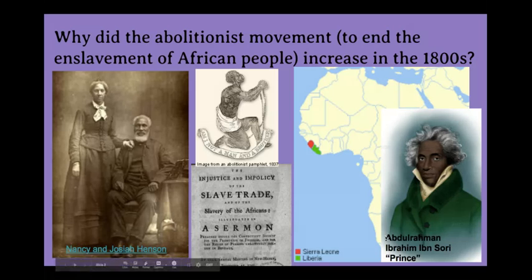This guy first, Abdul Rahman Ibrahim ibn Sori, otherwise known as Prince Sori, was captured in West Africa in his homeland of Fouta Djallon, and the Fulani people of Fouta Djallon had been at war with all of their neighbors, much like all of these nations in West Africa had been for hundreds of years. During that war, even though he was a prince, he was fighting in the war as a soldier, like you do, and he got captured.